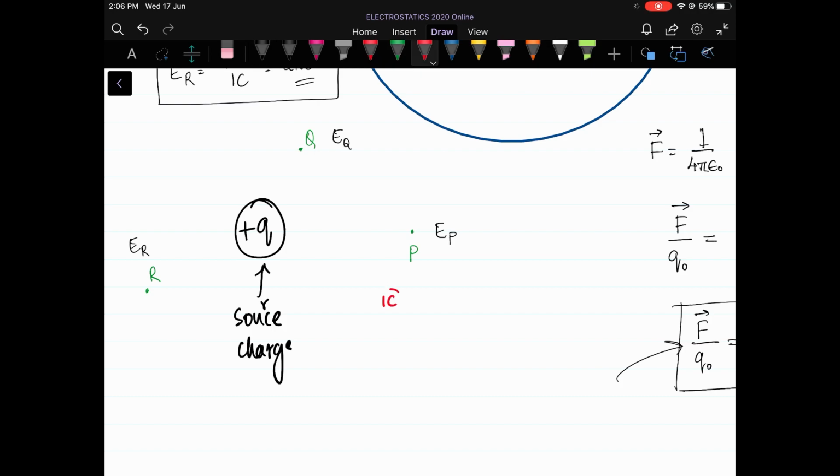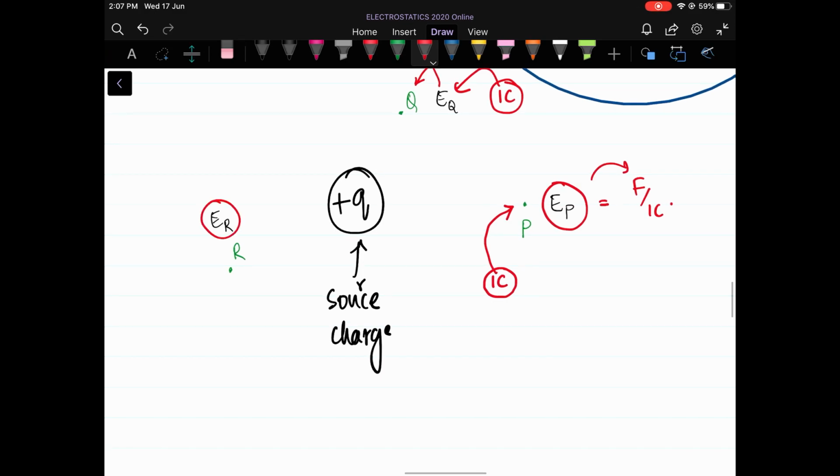If I keep 1 coulomb of charge at this point P, that 1 coulomb of charge is going to experience a force of EP. If you remember, the definition of EP was force per unit charge. Electric field EQ means force experienced by 1 coulomb of charge is EQ. And the electric field ER at point R means force experienced by 1 coulomb of charge is ER when I keep this 1 coulomb of charge at point R.